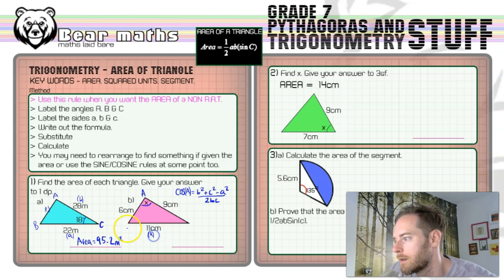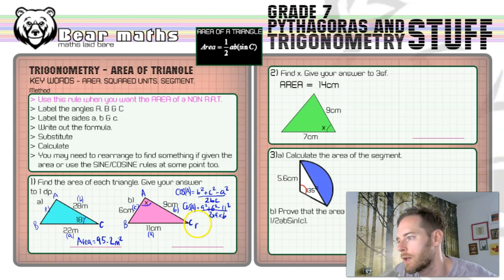That's then little a, then this can be B, and little b, and this can be C, and little c. So let's sub in: cos A equals 9 squared plus 6 squared minus 11 squared over 2 times 9 times 6.